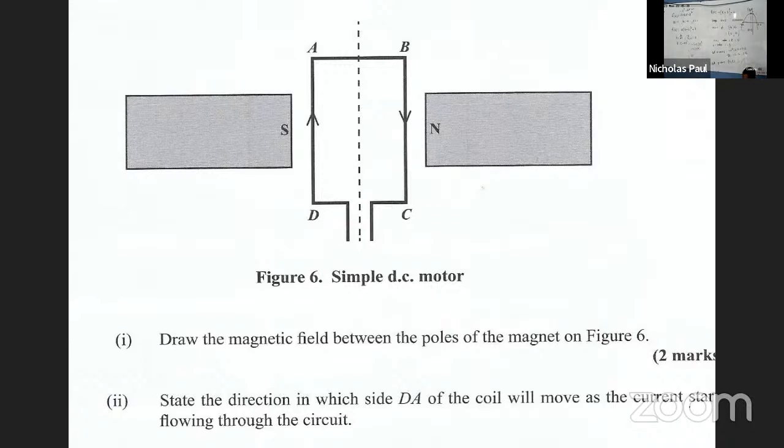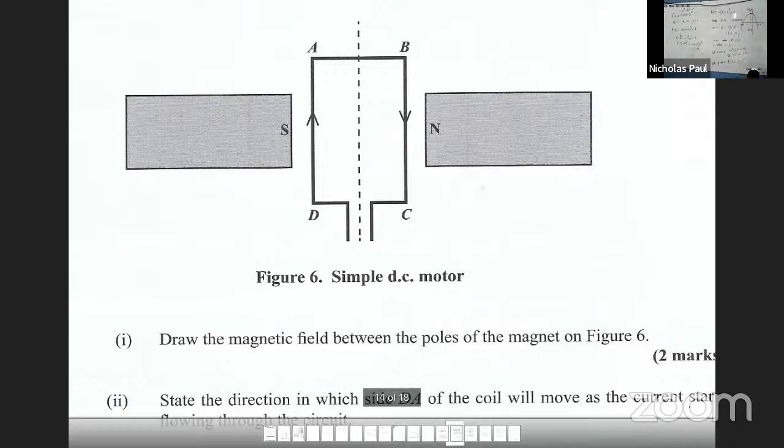All right, so yeah, magnetic field moving from where to where? From north to south. Nice. North to south, right? Good.